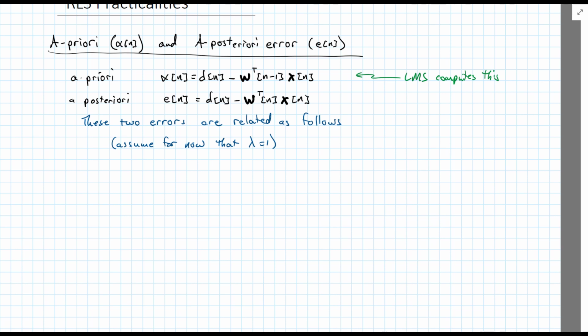And then we can note, and I know this isn't quite trivial, so it's not quite fair for me to do it, but I'm just going to, in interest of time, note that there's a factor that relates to these two errors, and that factor is nu equal to 1 over 1 plus x transpose of n P(n-1) x of n.